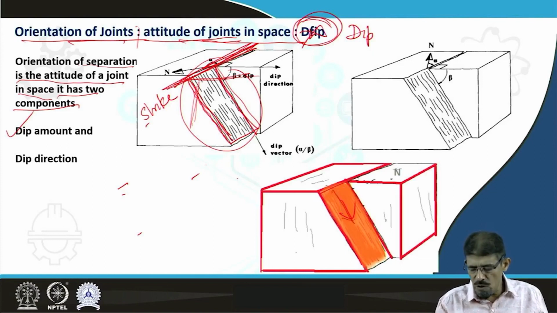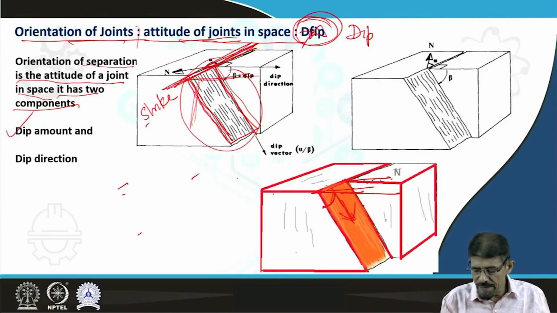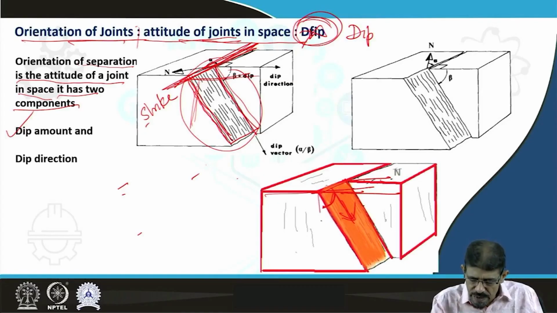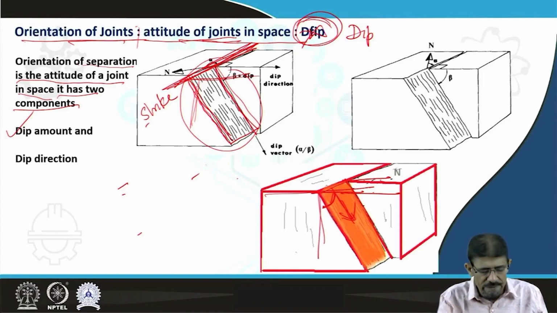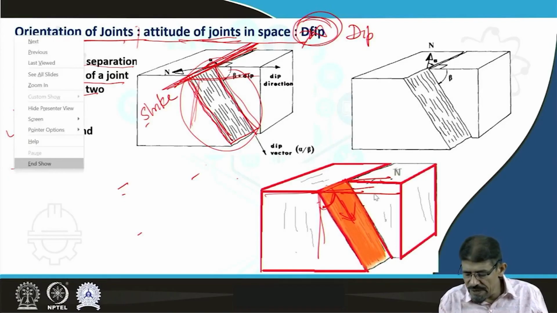The amount of dip is the inclination of this plane; if we cut this face, then we can see the amount of dip. And dip direction is the direction in which this plane is dipping with this amount.